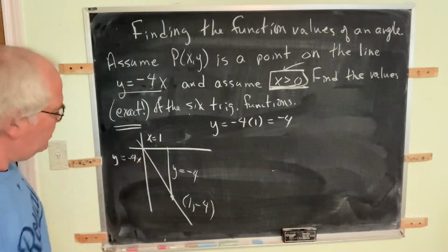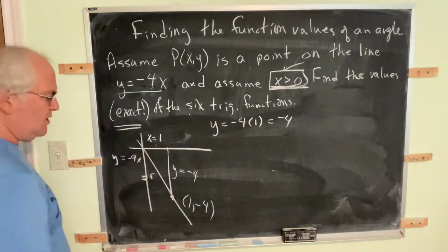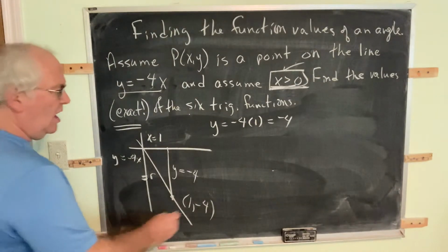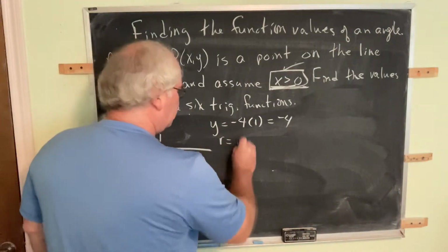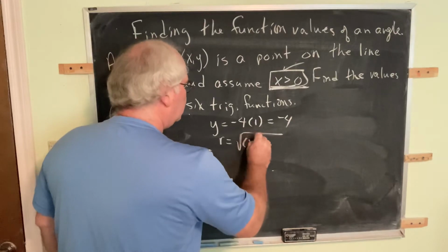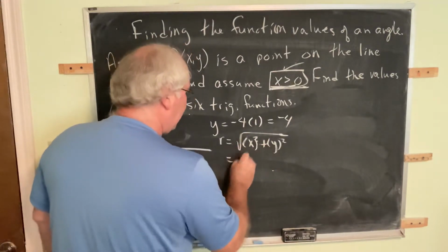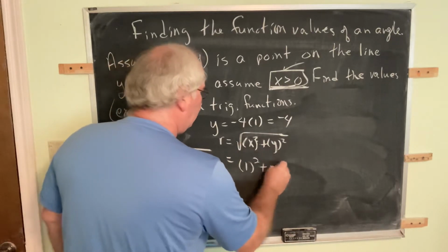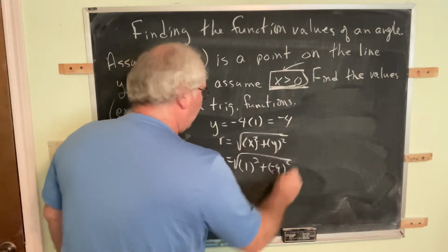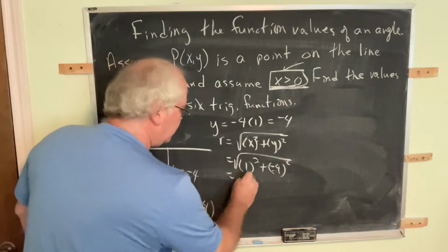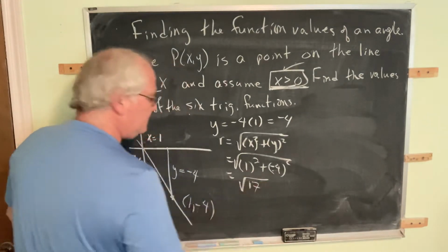From this, you compute the value of r. Remember, r is equal to the square root of x squared plus y squared, which in this case is the square root of 1 squared plus negative 4 squared, which is the square root of 17.